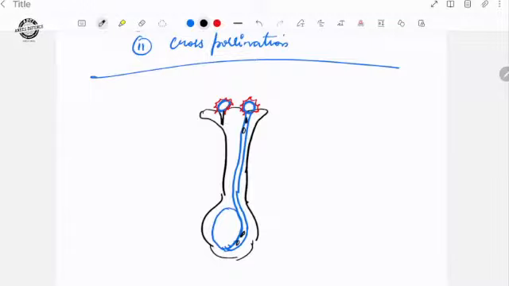Slowly it travels through this pollen tube only and enters the micropyle, where there are two synergids and one egg. These synergids have a filiform apparatus. Only when this filiform apparatus allows the male gametes to enter, then they enter and reach the egg cell.